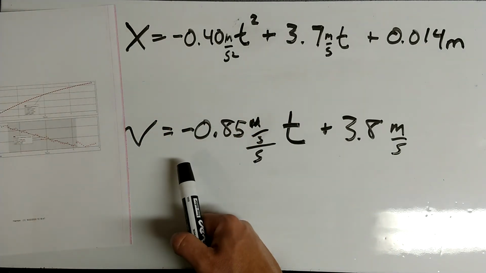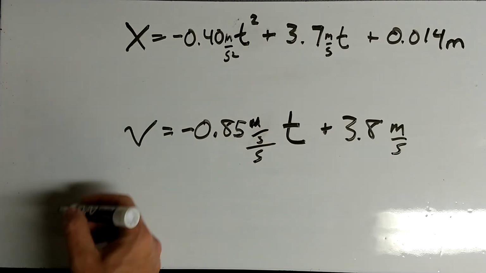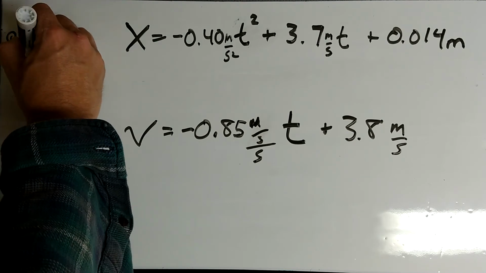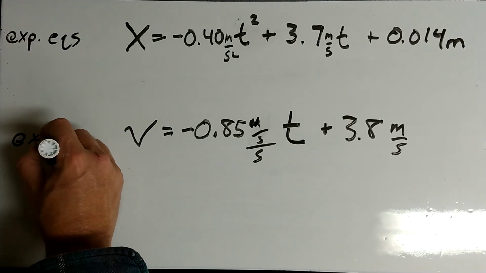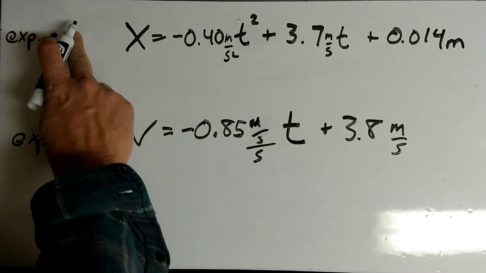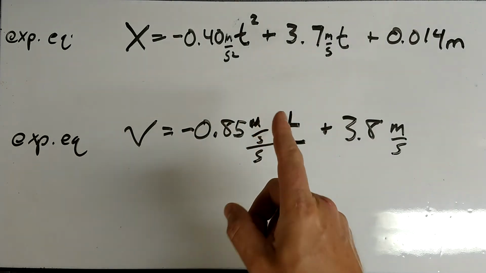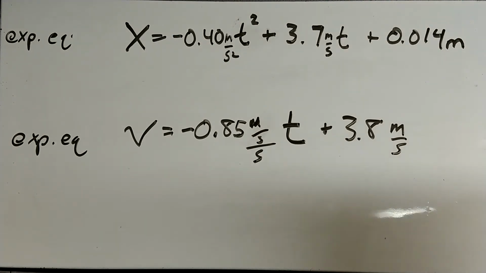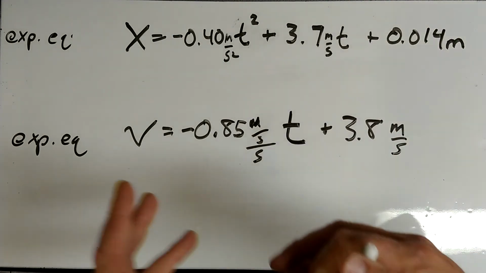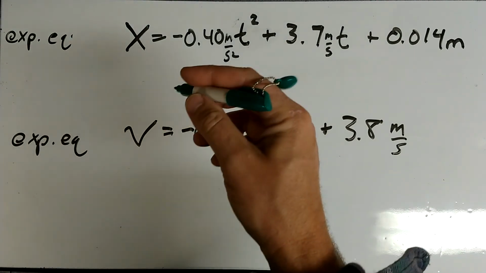So that worked out. All right, so those are what we call the equations in black here. These are your experimental equations. This is an experimental equation. All right, that's what we called those in Physics 11H. So when I refer to this experimental equation, it's the ones you actually produced in Logger Pro. Now, the general equations, or the theoretical equations, are what would go on a reference table.